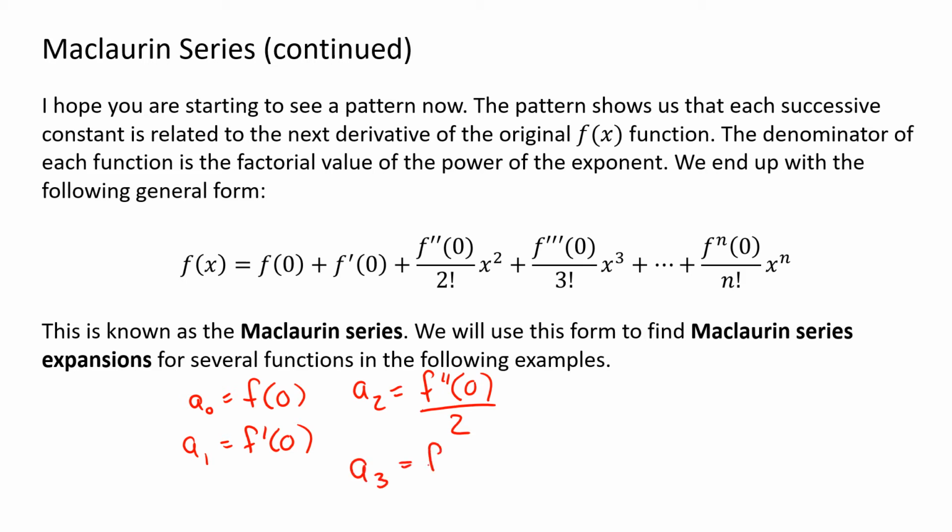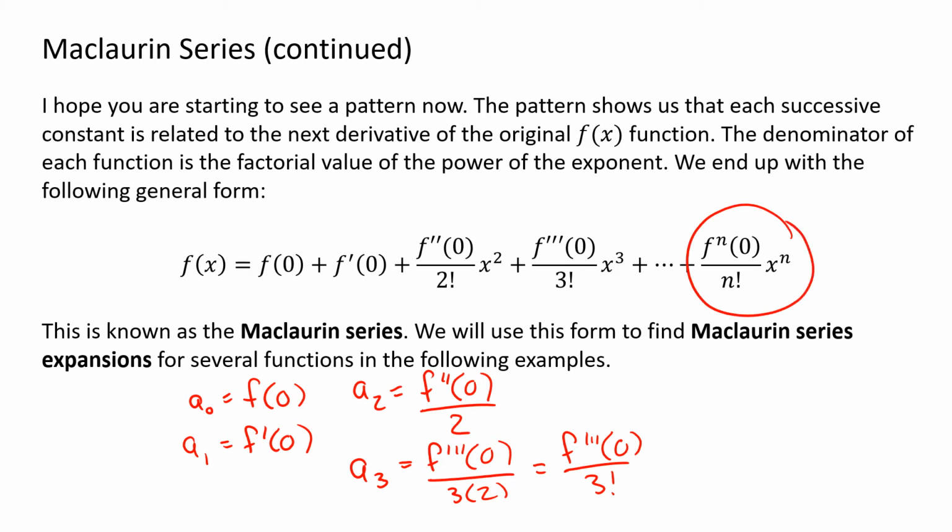The third one was the third derivative at x equals 0 divided by 3 times 2, which in this case we write as the third derivative at x equals 0 divided by 3 factorial. And this will continue on all the way to your final term. I showed you the derivation for these first 4 terms, but that stays consistent throughout. So the fourth term here would be the fourth derivative at x equals 0 divided by 4 factorial. It continues that pattern.